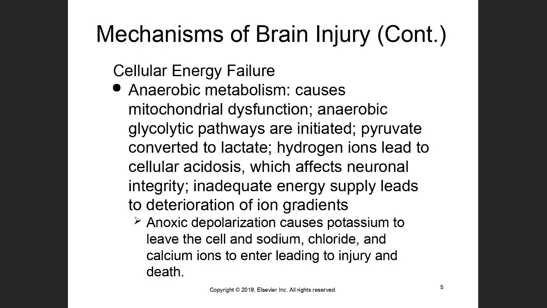Inadequate energy supply leads to the deterioration of ion gradients. Anoxic depolarizations cause potassium to leave the cell and sodium, chloride, and calcium ions to enter, leading to injury and death. That's the physiology of cellular injury.